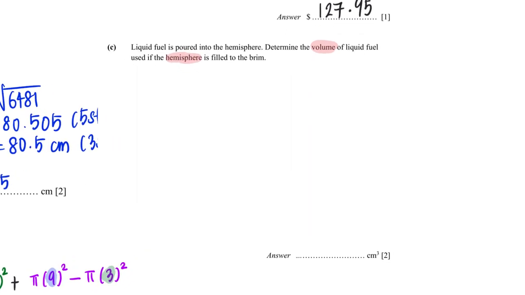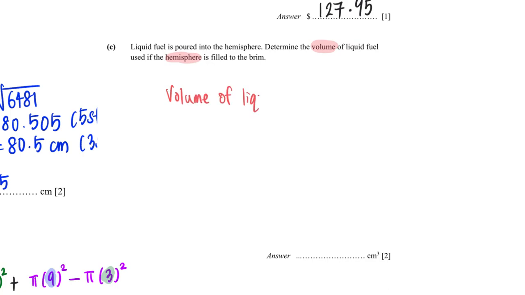In this case, the volume of the liquid fuel is simply half times the volume of a sphere, which is 4/3 pi r cubed. R in this question is given as 3 cm.